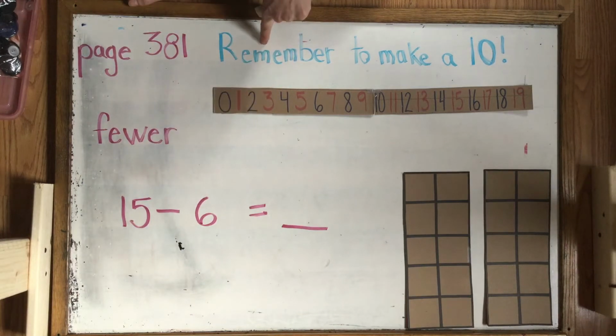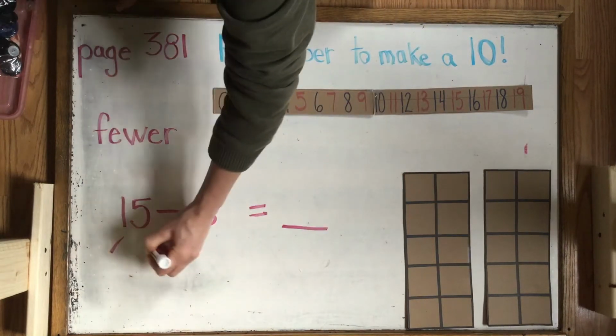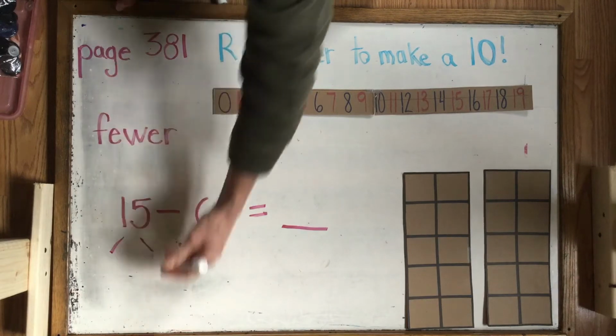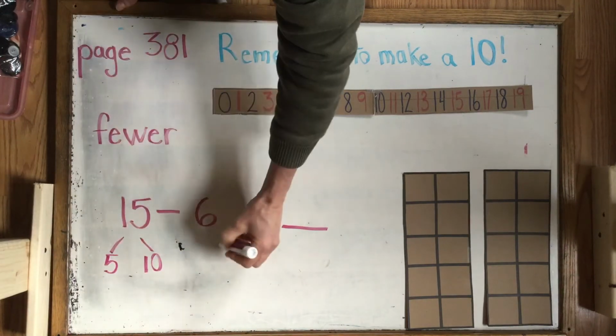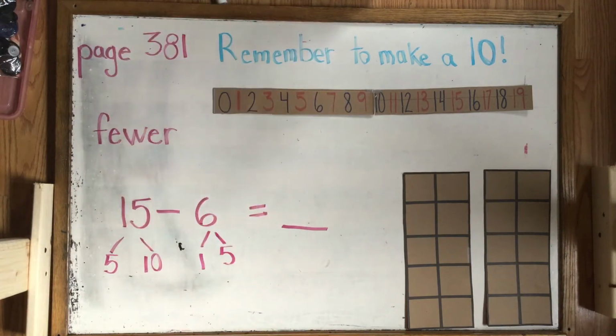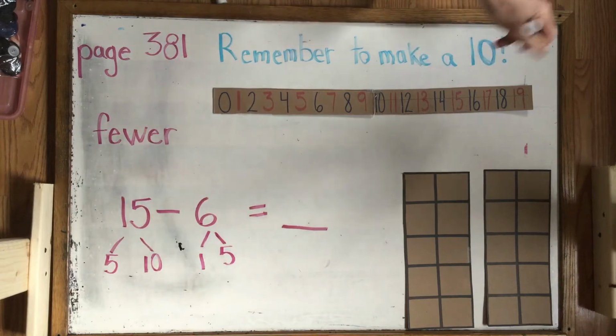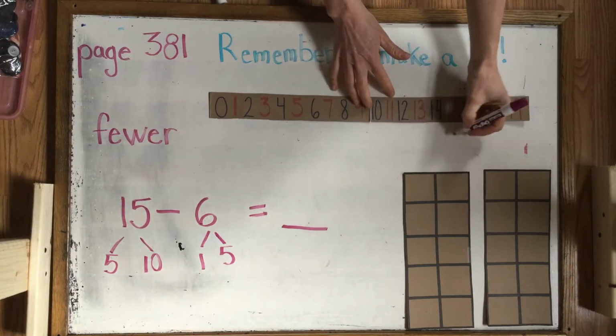But this time, I'm going to remember to make a 10. And what helps me with that? Number bonds. So remember, 15 is made up of 10 and 5. And then 6 is made up of 5 and 1. So if I look at my number bonds and I go to my number line, I'm going to start at 15.